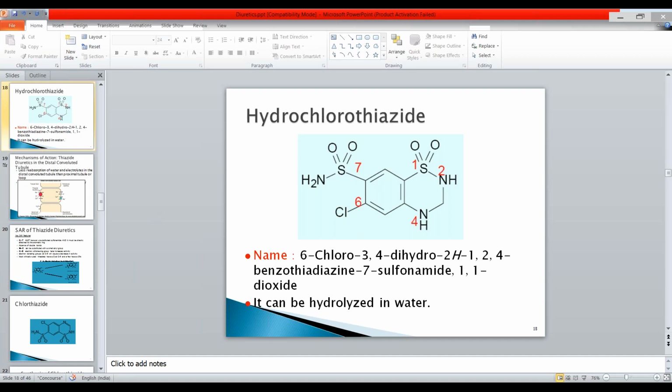Here the numbering is already given over here.